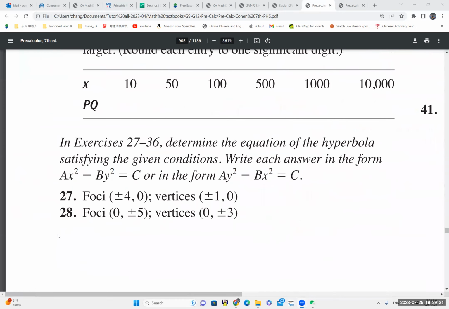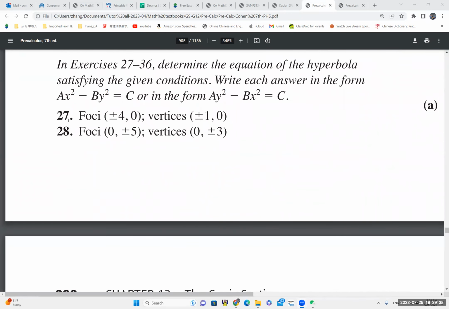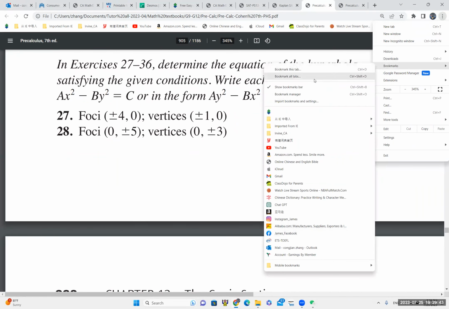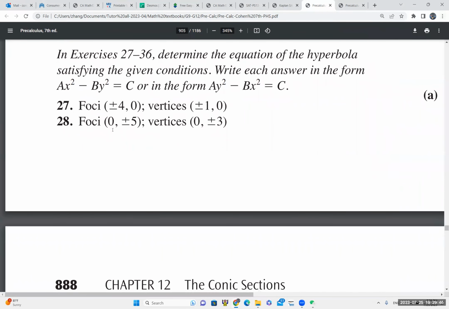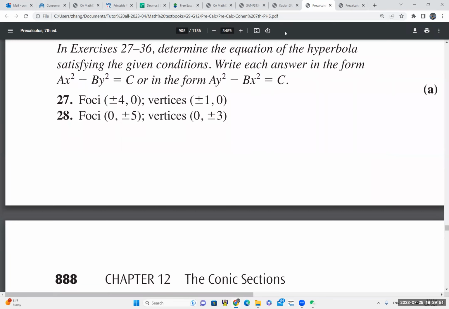Okay, so let's just do 27. Again, Ray, Neil, the given condition, write each answer in the form.